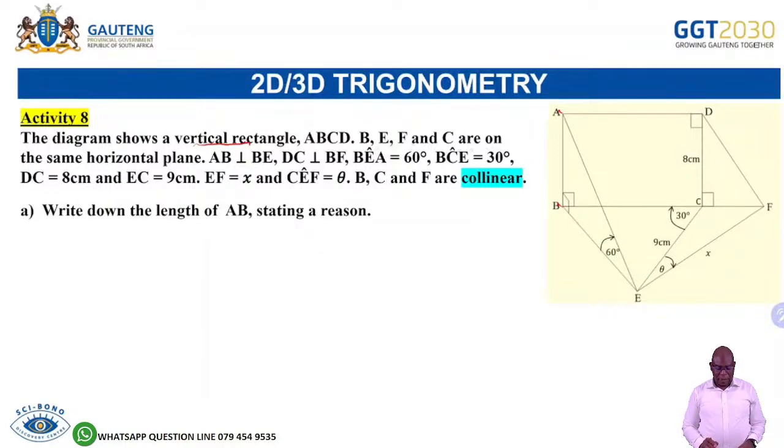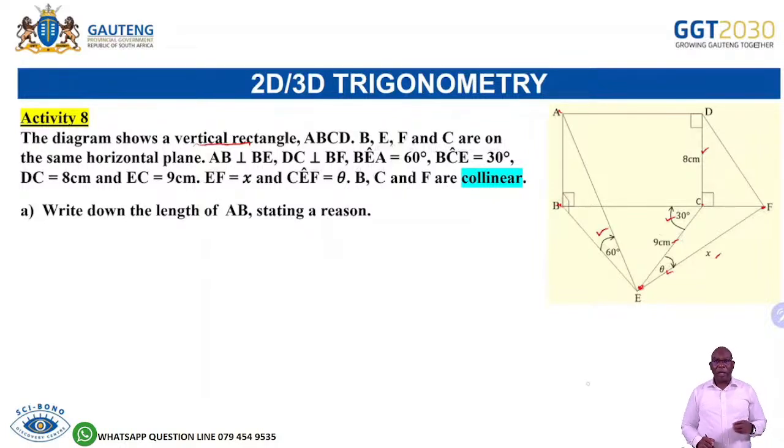B, E, F, C are on the same horizontal plane. Now AB is perpendicular to that, so those lines are perpendicular, and then the angle 60 is given, the 30 is given, the side of that is given as 8, and then we've got this one as 9, and that angle is given as theta, and that one is x.